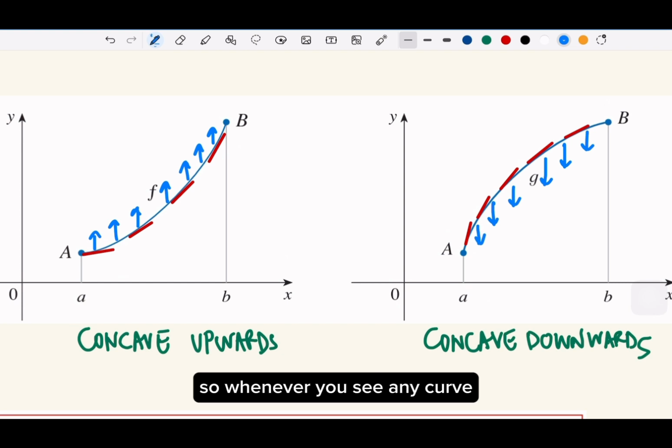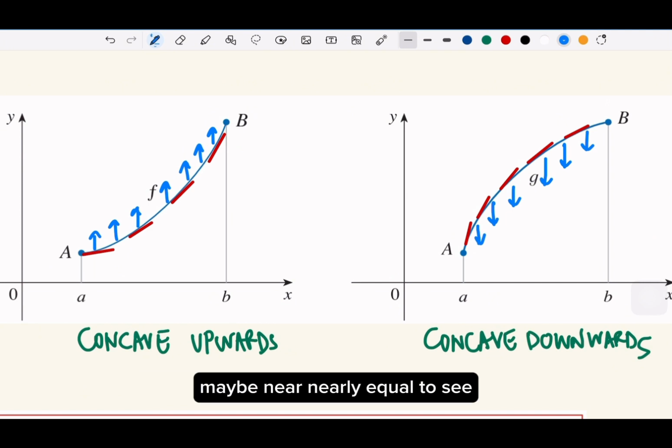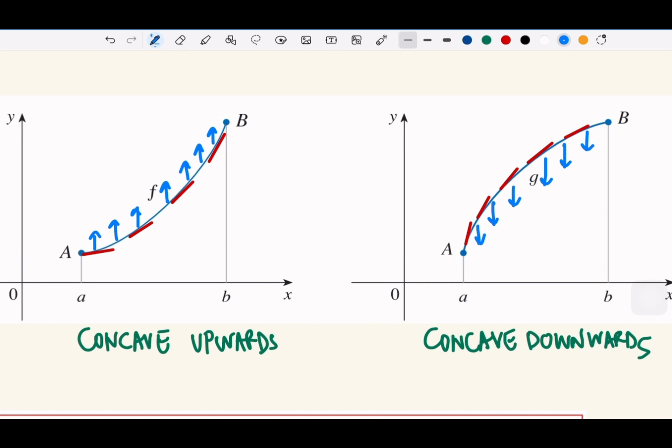So whenever you see a curve that you could somehow make nearly equal to a C, then this will be upwards and the other one will be downwards.